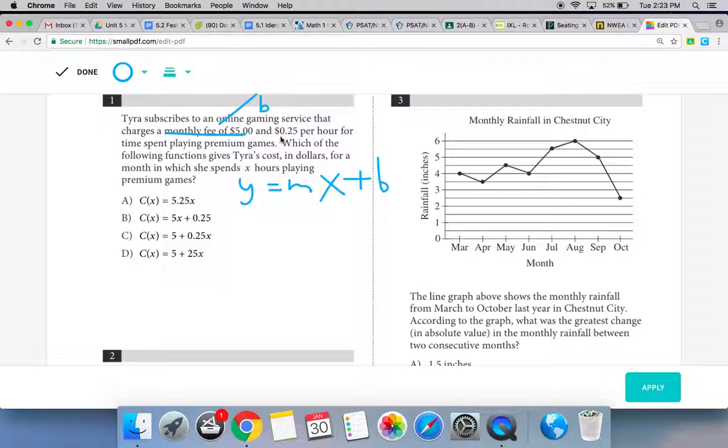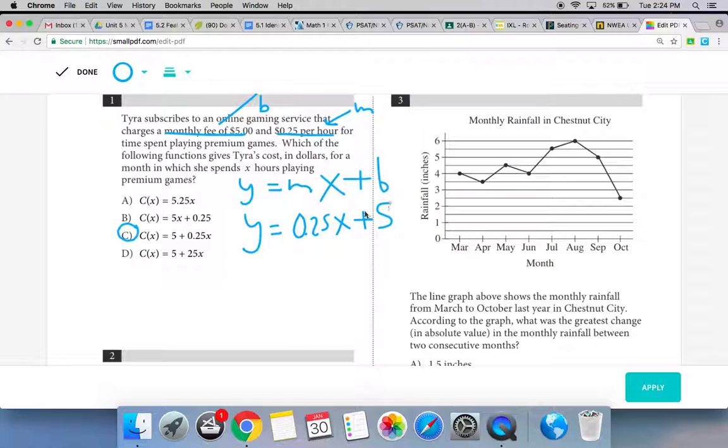And then your constant rate of change or slope is 25 cents per hour. So that's going to be your m. So you can write your final equation as y equals 0.25x plus 5, which is option C.